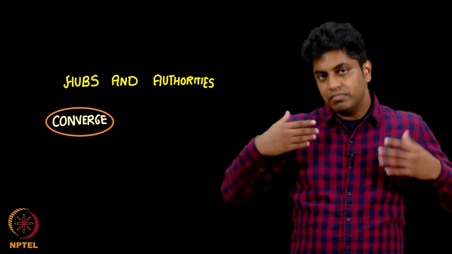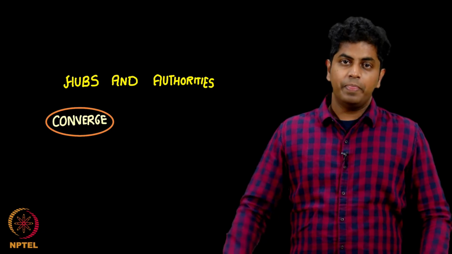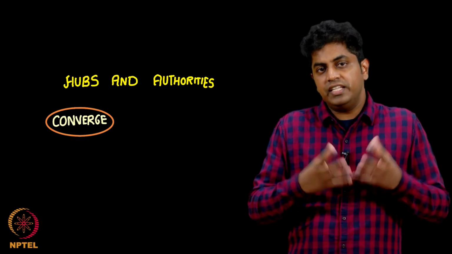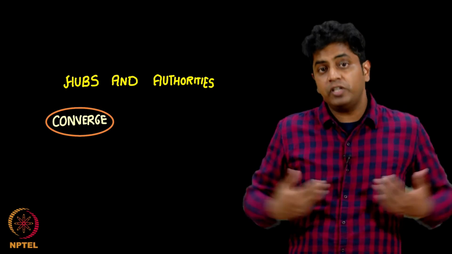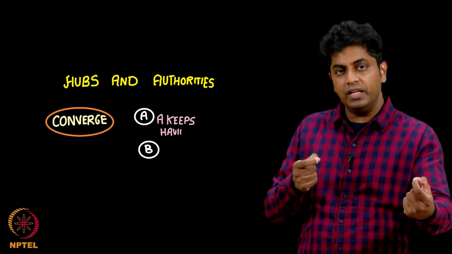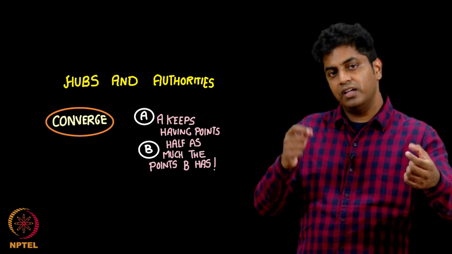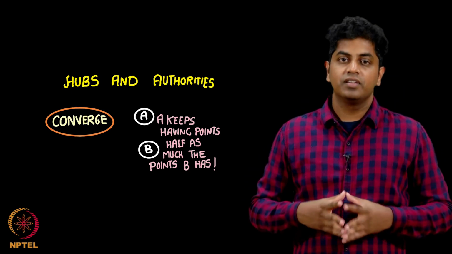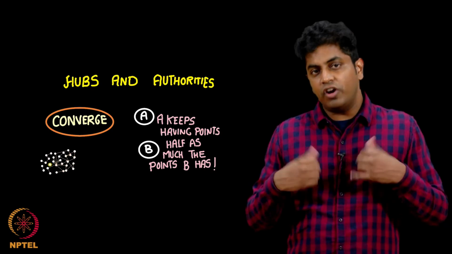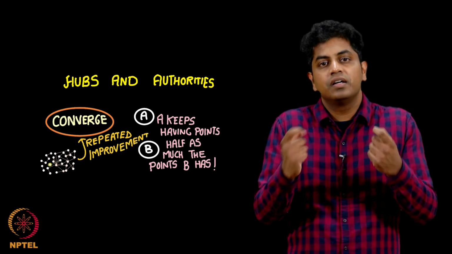At the end, after a long process, let us say after several iterations, you will observe that the proportion of points that each node takes with respect to other nodes always remains the same. For example, if node A accumulates half as much as node B, it will continue to accumulate half as much as node B in the future. That is called the convergence state. So given any graph, the hub and authority scores, as you keep doing this principle of repeated improvement, converge.